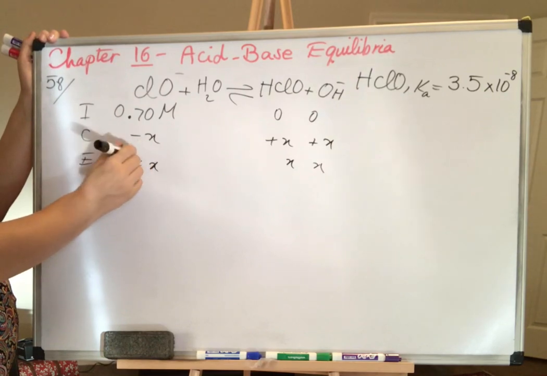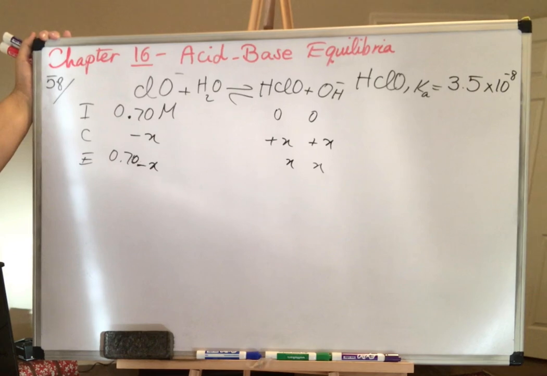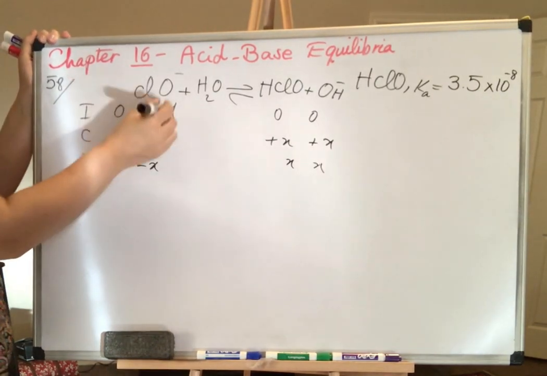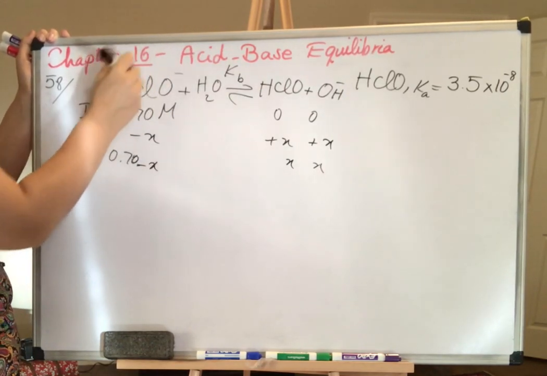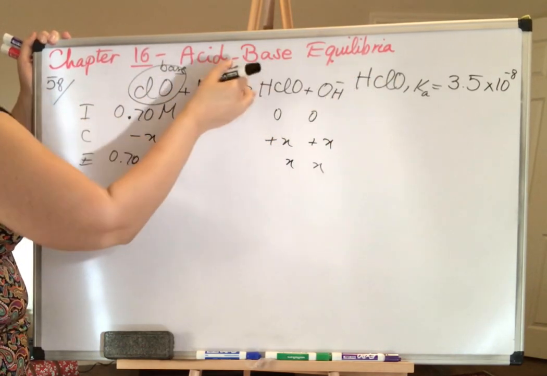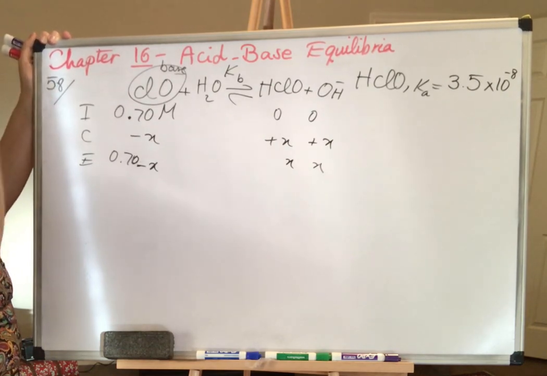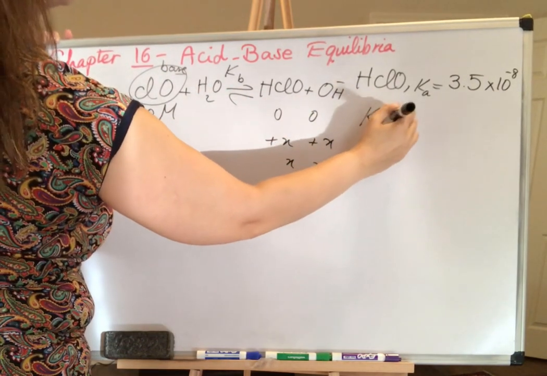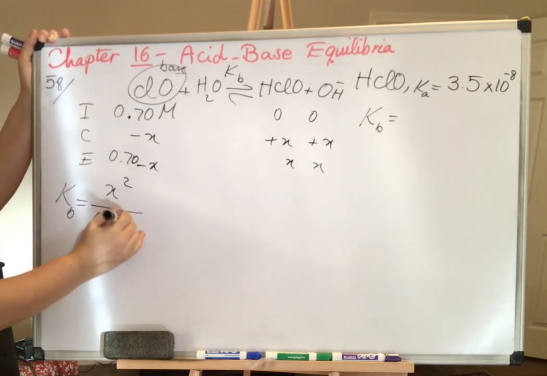Now this is the Kb, this is the base, because here you have the base. But you have Ka given for the reverse reaction. So first you need to find Kb, because what you write is Kb equals x squared divided by 0.70 minus x.